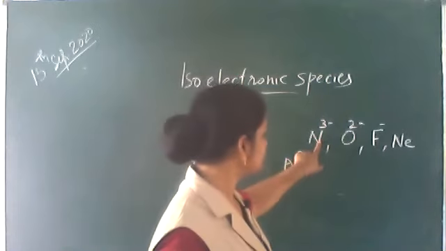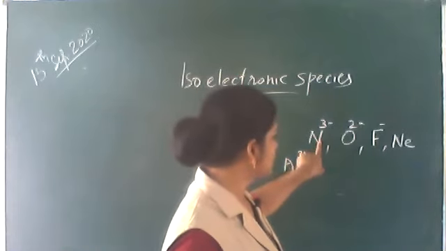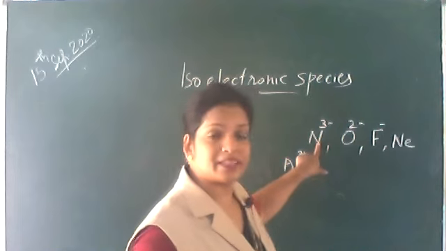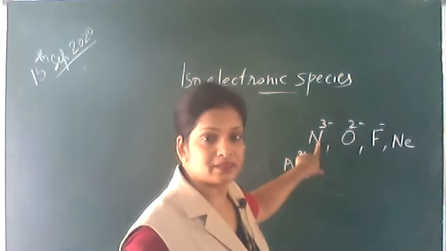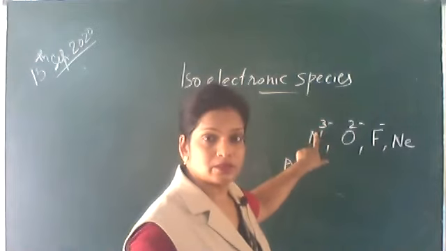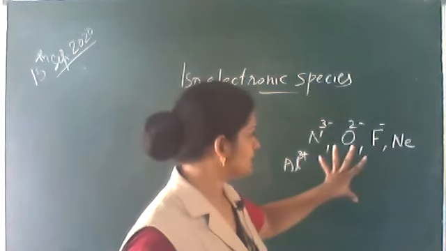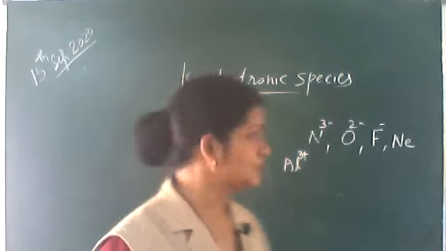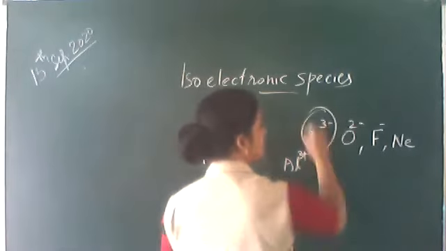But here, what happens? 7 positive charges cannot control these 10 negative charges, so there is much electron repulsion. So among these, the greatest size is that of N3 minus.